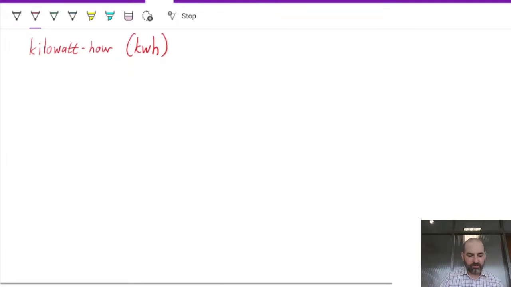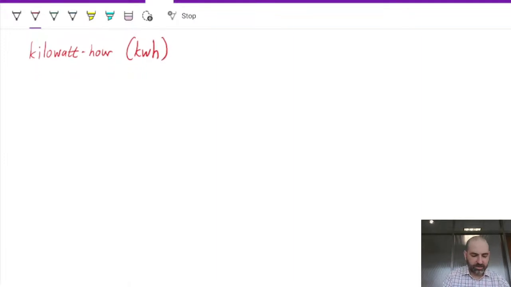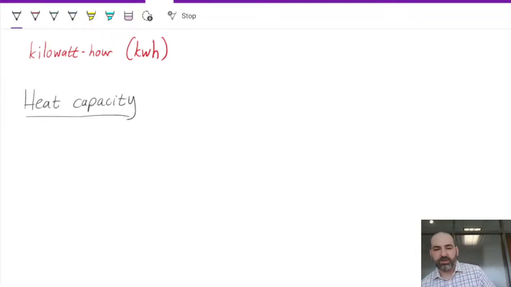So the last thing we want to talk about with energy today is heat capacity, which is very similar to a quantity called specific heat. The heat capacity is sort of like the opposite of the calorie definition.